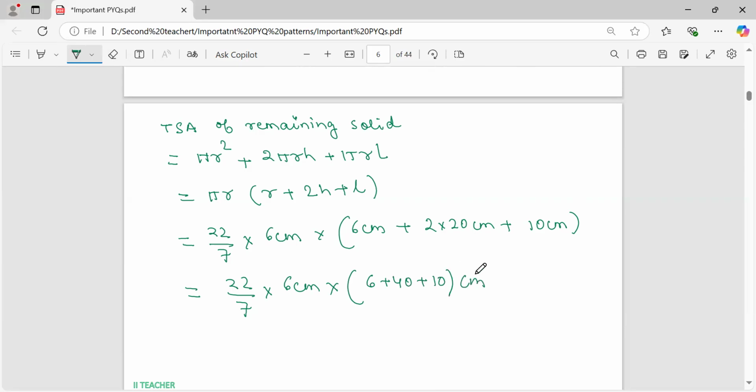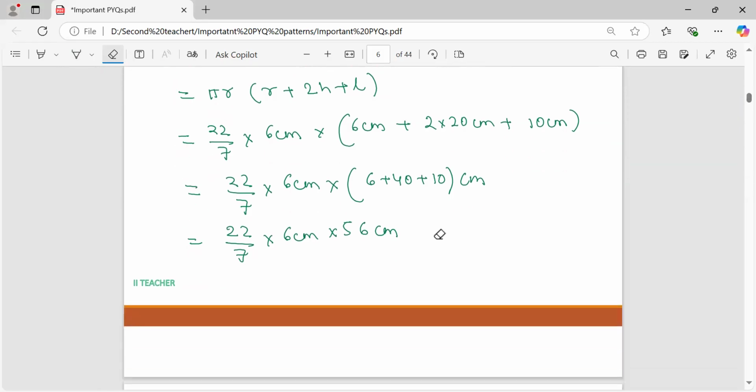So 56 centimeter. So this is 22/7 into 6 centimeter into 56 centimeter, है ना. तो इसको सॉल्व कर डालो अच्छे से. इसको सॉल्व कर देंगे तो कितना आ जाएगा? आप करो इसको.